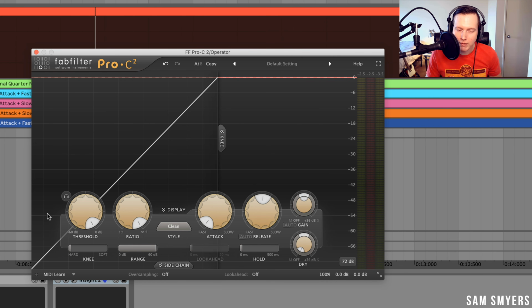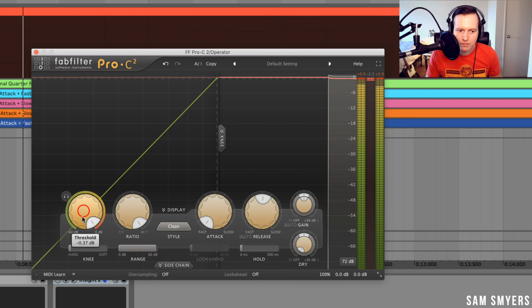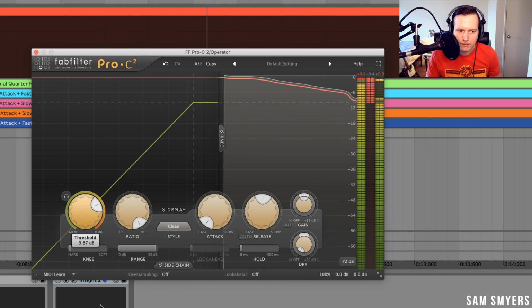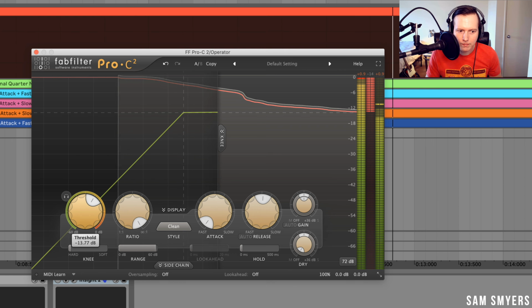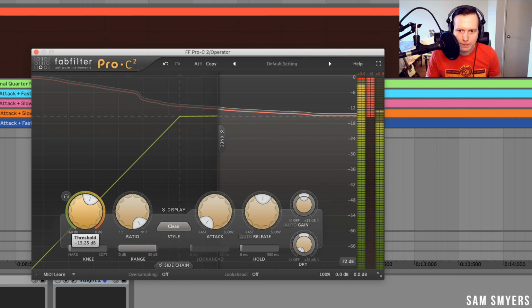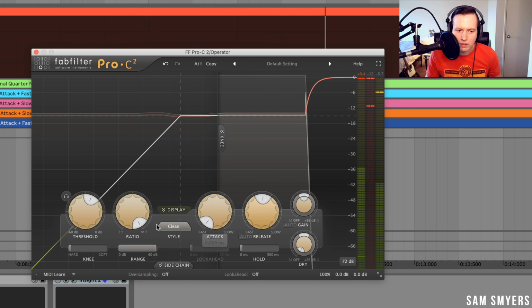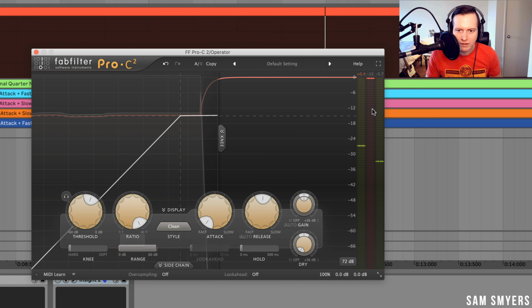Let's go ahead and play the sine wave and bring down the threshold. So we see the threshold is at negative 15 dB, and then if we look at these meters, we will see the gain reduction being 15 dB.